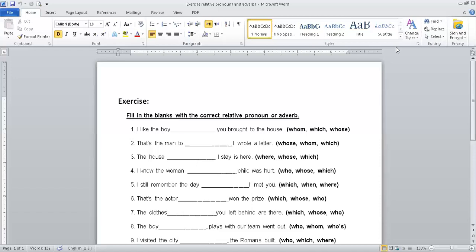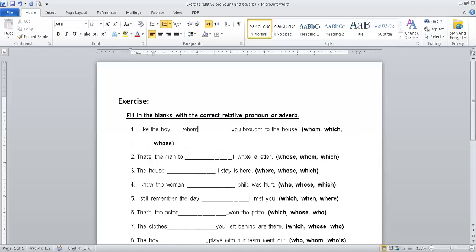We want to define the boy again. So we choose the relative pronoun suitable to define the boy. The boy is someone whom. I like the boy whom, let's write whom, you brought to the house. In this sentence, who defines an object? The boy is an object.